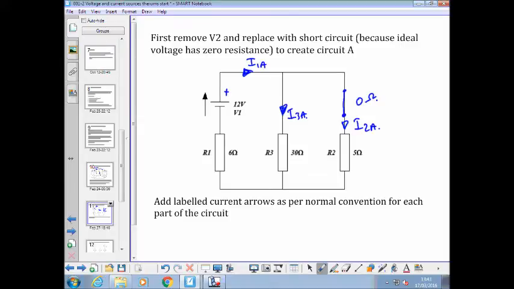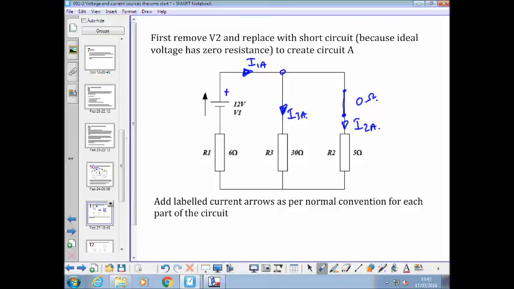Yep. Everyone in agreement so far? So, what currents can I find? How am I going to tackle this problem? Find these three currents.